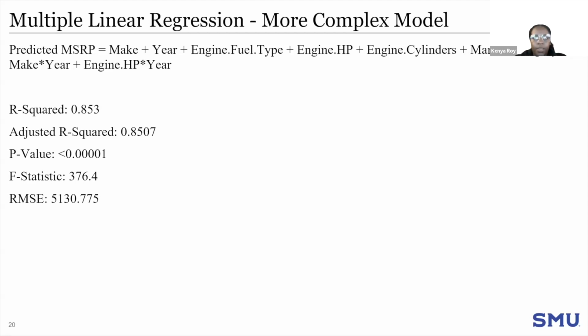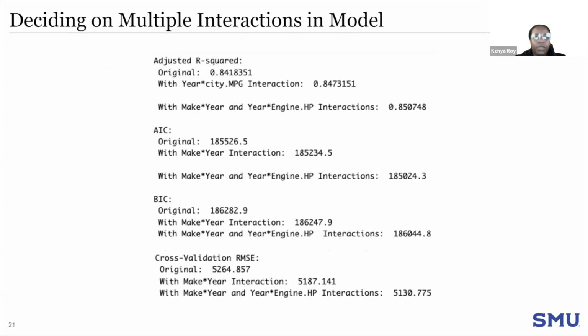So why didn't we choose to use just one interaction variable? Why did we decide to use two? When we used just one interaction variable, we saw that the adjusted R squared was lower, the AIC was higher, so was the BIC and the RMSE.